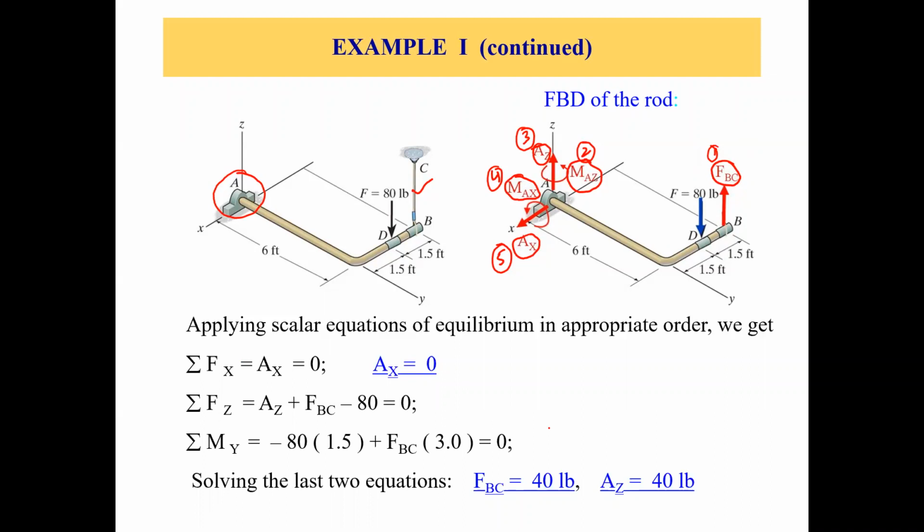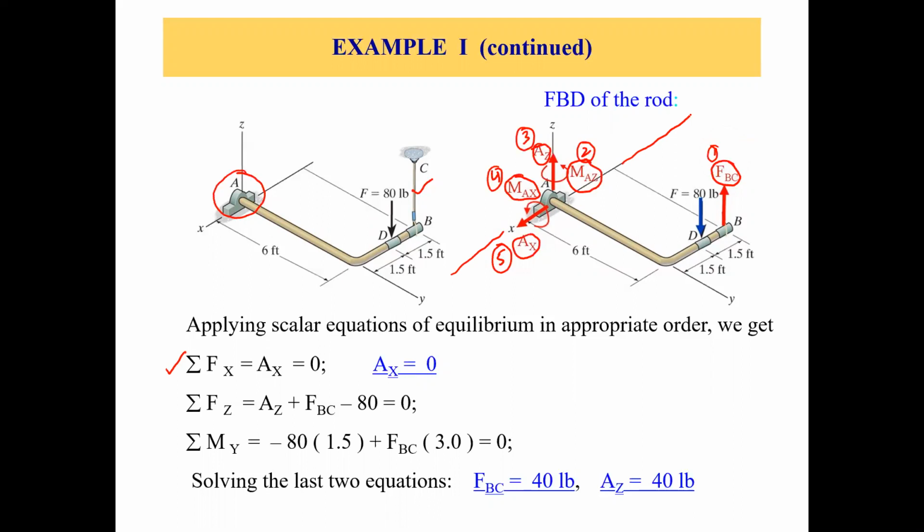So first of all, as there's no force in x direction, let's apply the force equilibrium in x direction, right? So let's apply sigma Fx equals 0. This is your x direction.